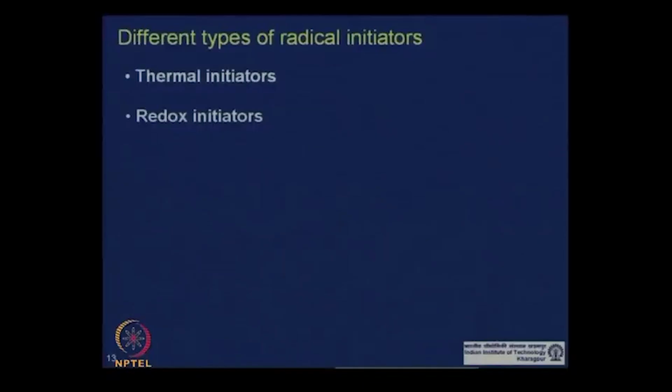For example, we talked about thermal initiators, where by applying heat we can homolytically dissociate a set of molecules, for example AIBN and benzoyl peroxide, which we can use as initiators for radical chain polymerization.